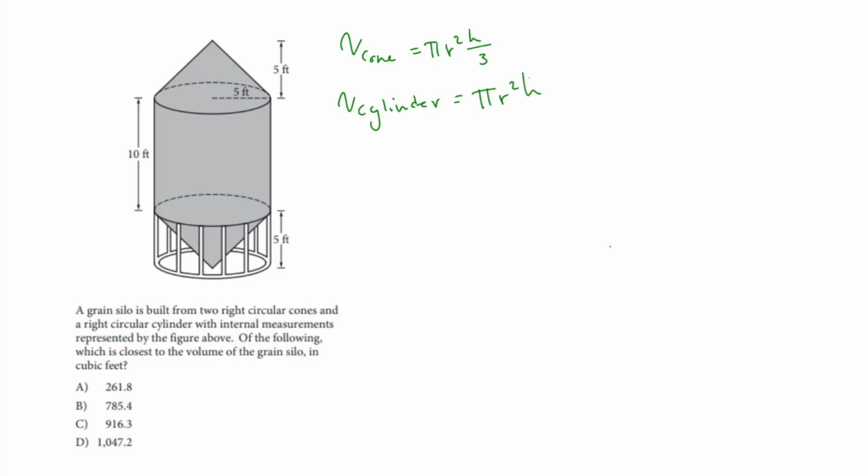Now, using these formulas, I can figure out some stuff. First, let's work with a cone. We know the volume of our cone is going to equal pi, which you can keep as a constant, times the radius, which is 5 feet, so 5 feet squared, times the height, which is also 5 feet, over 3.